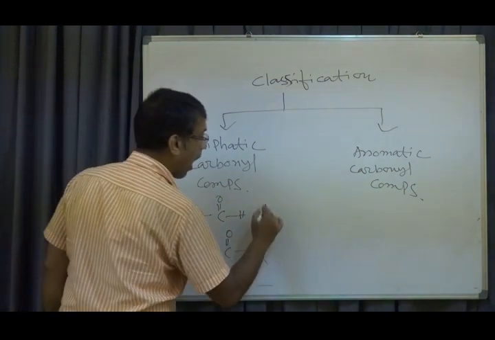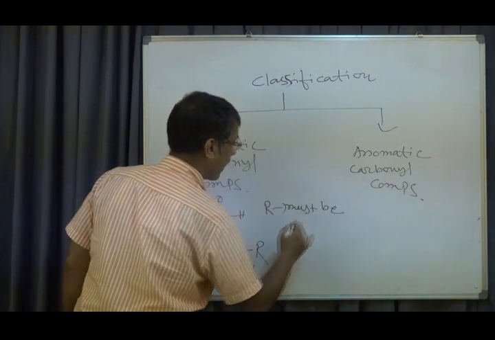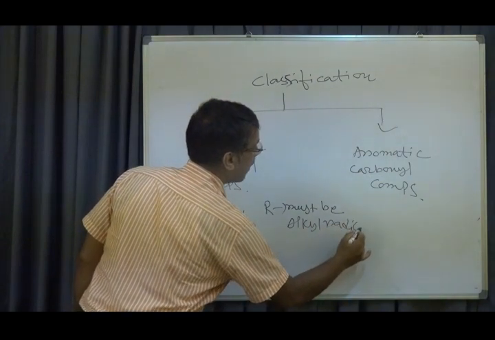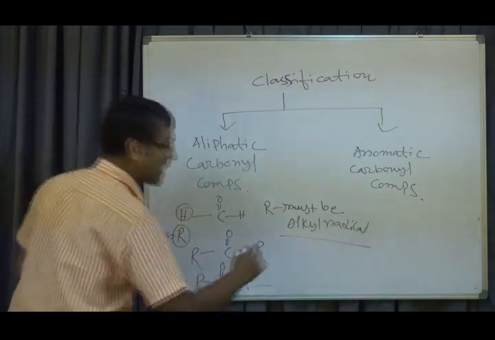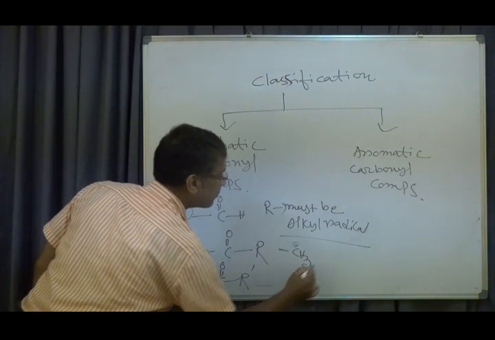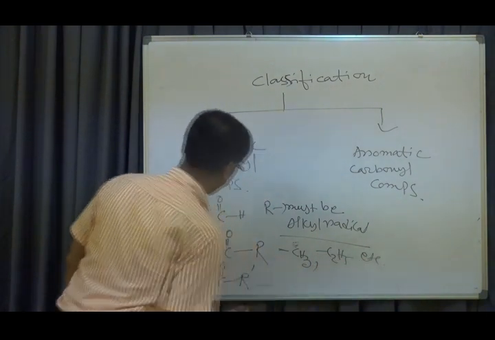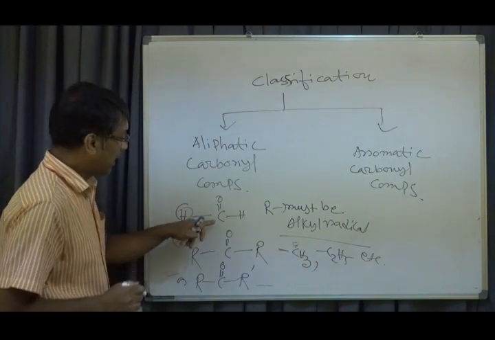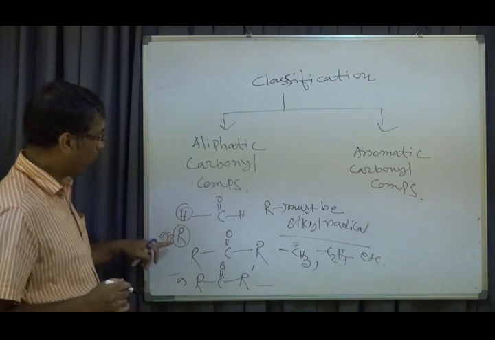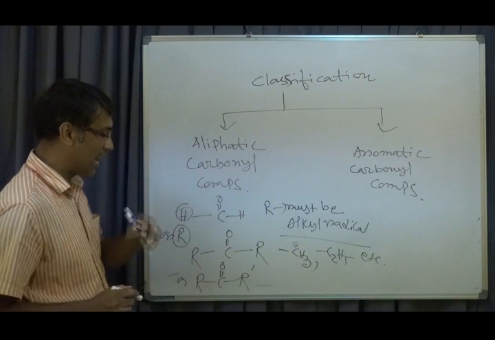But R must be an alkyl radical, such as methyl, ethyl, etc. So with the aldehyde functional group, if there are either H or R, then it is an aliphatic compound. R must be an alkyl radical.